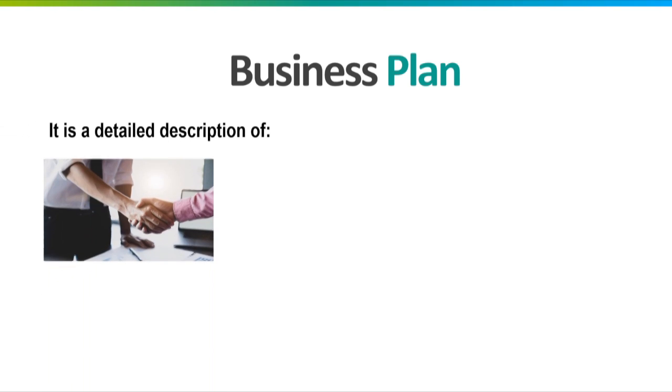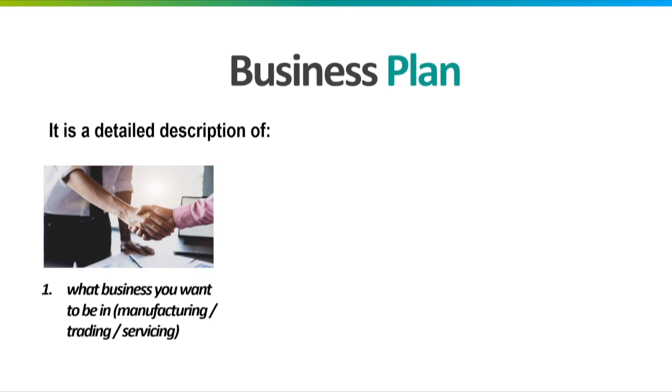A business plan is a detailed description of mainly three things. Number 1 is what business you want to be in, that is whether it is a manufacturing business or a trading business or a servicing business.